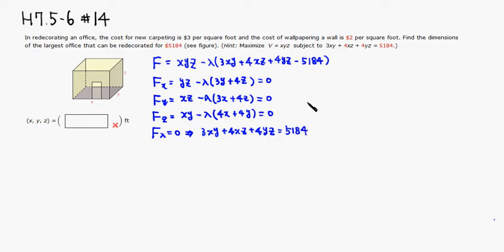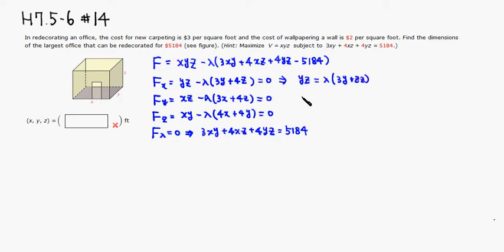Then let's look at these partial equations. Here I'm going to put this guy on the other side, so we can write it as yz is equal to lambda times 3y plus 4z.